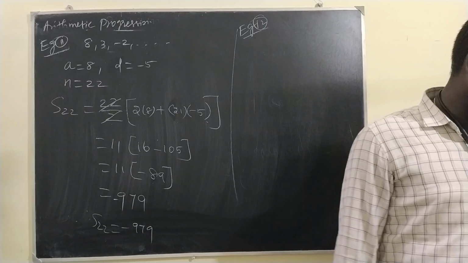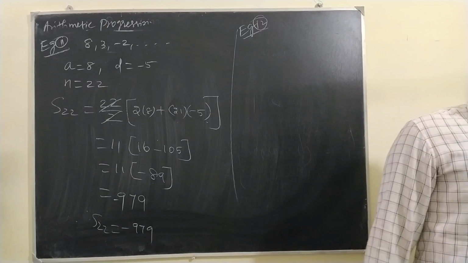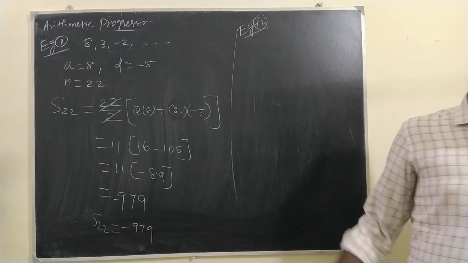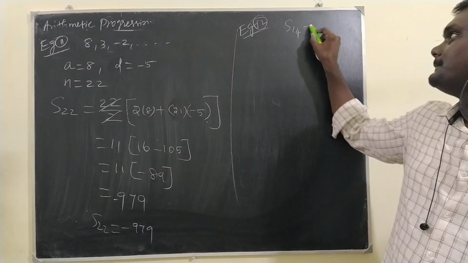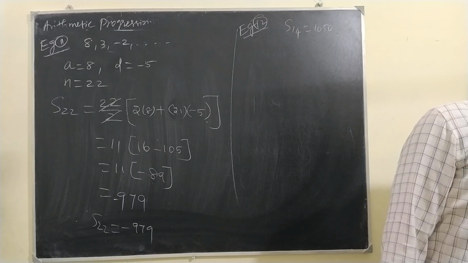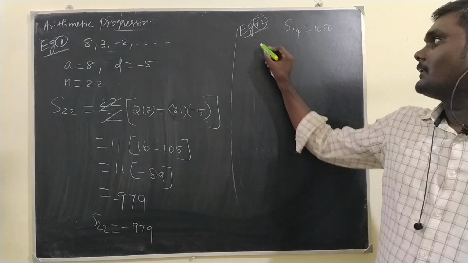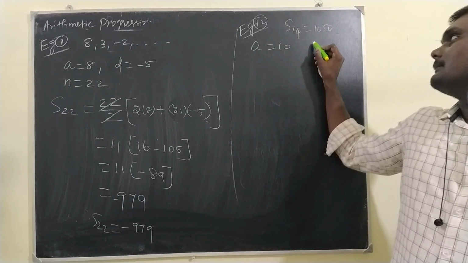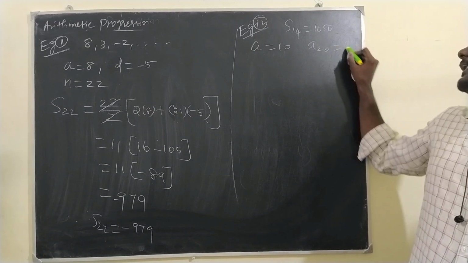Another is hidden. Okay. We need to seek that hidden thing. So sum of first 14 terms, S14 is 1050. And then first term a is equal to 10. Then 20th term we need to find.